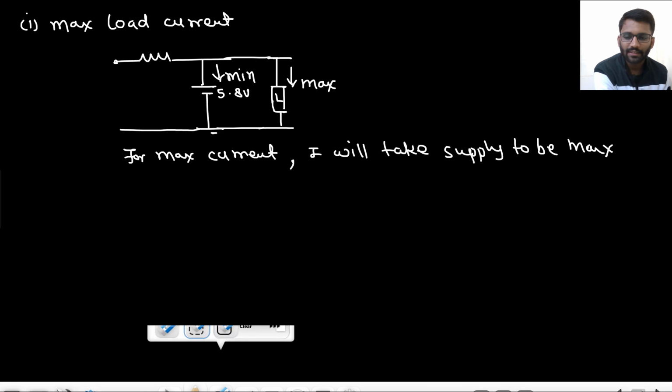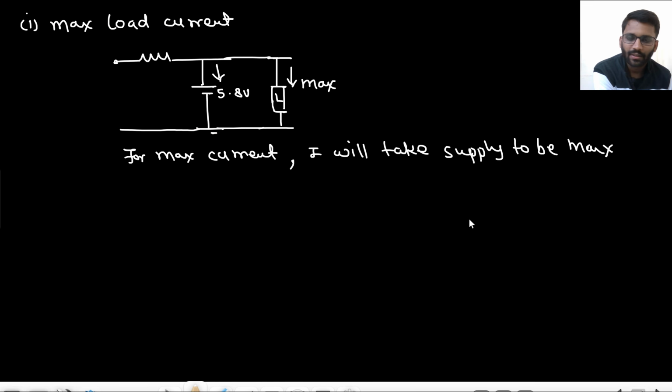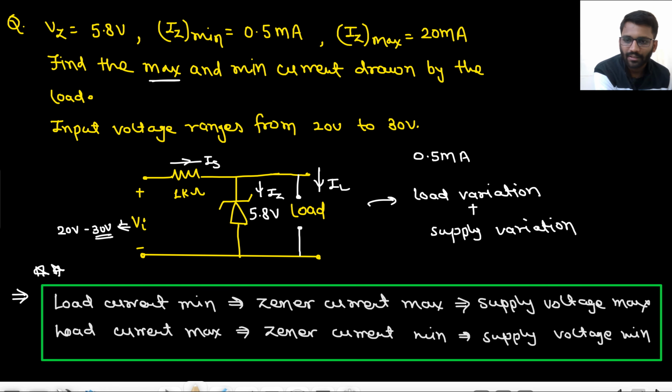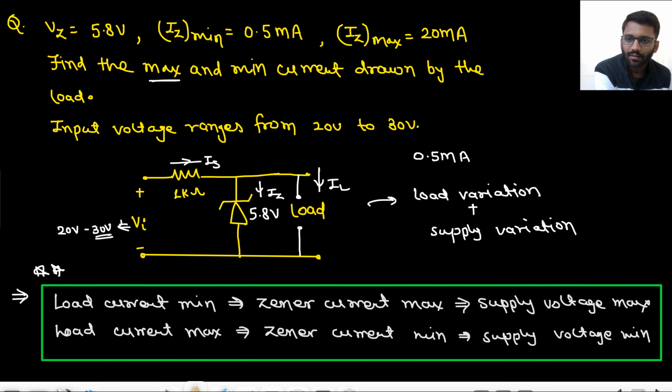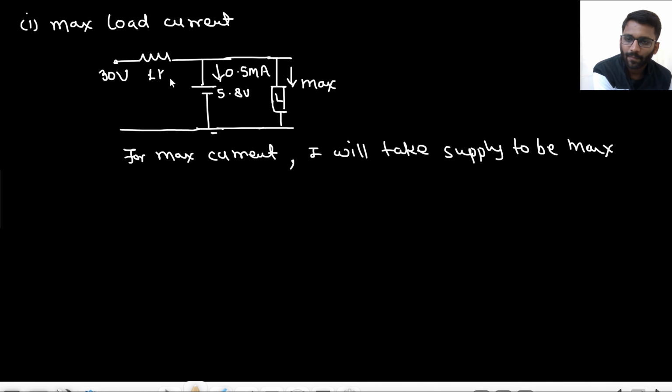Okay, so what will be my answer? Let me check. So what was my minimum current? Minimum current was 0.5 milliampere, right? Yeah, 0.5 milliampere. I will take my supply to be maximum. That means I will take here 30 volt, and this is 1 kilo. So this is 30, this is 5.8.